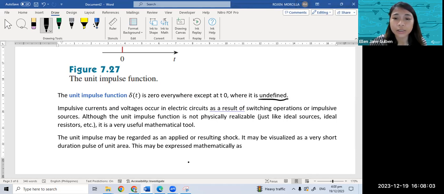This one should be familiar, especially when you're plugging in your laptop. You get a spark every time you plug in your laptop. That can be an example of an impulse.